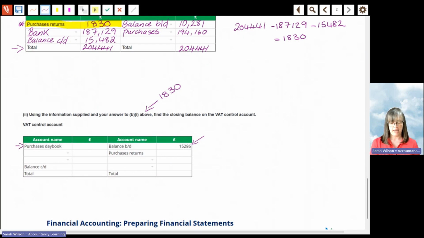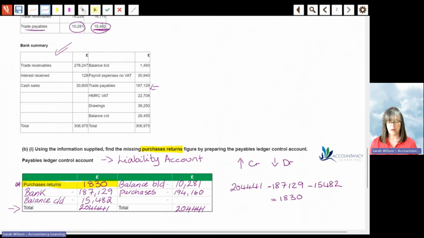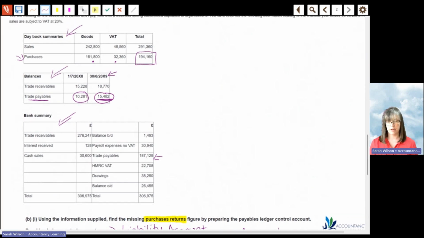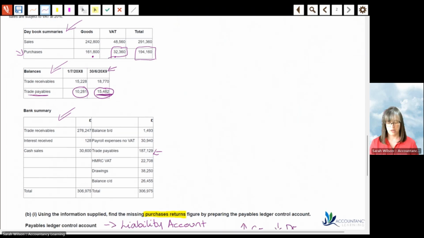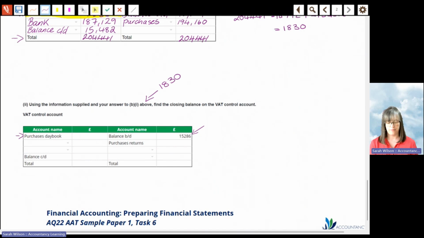So we've already got here purchases daybook. So if we go back up to our daybook, we can see that is our figure there. So we can now put that in here.